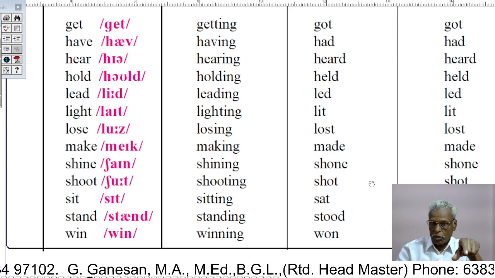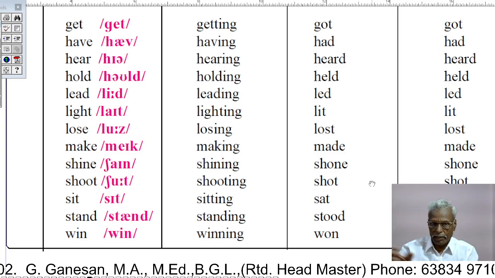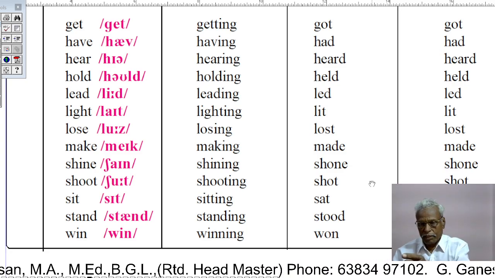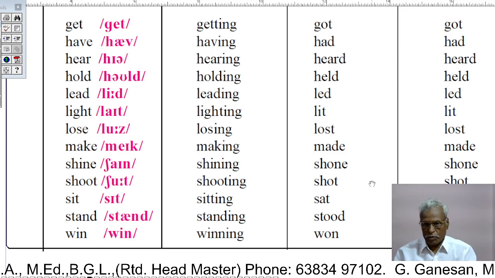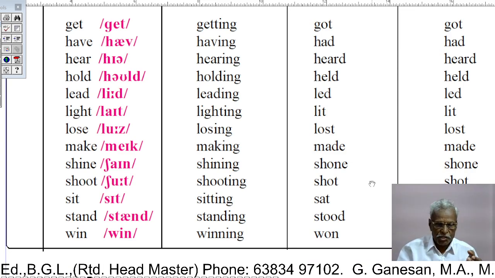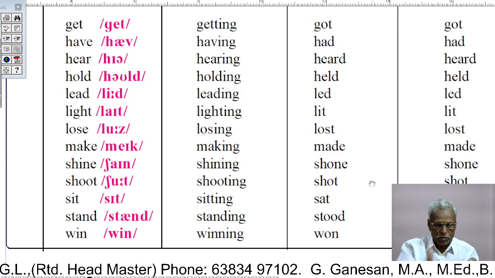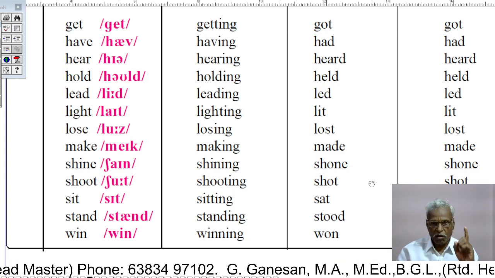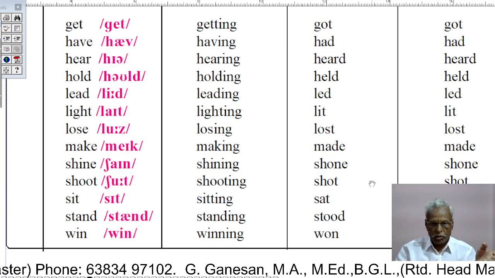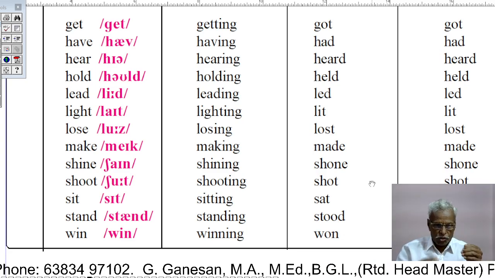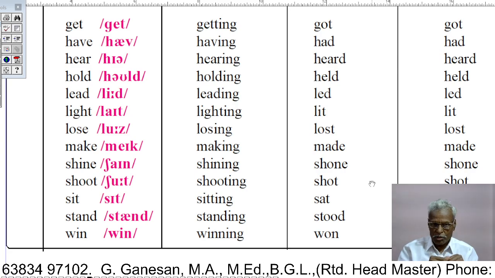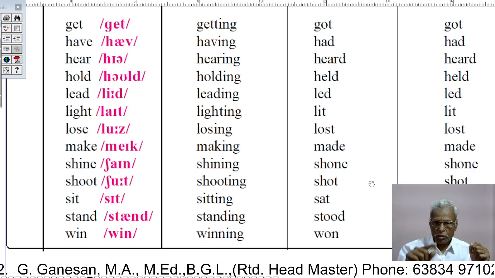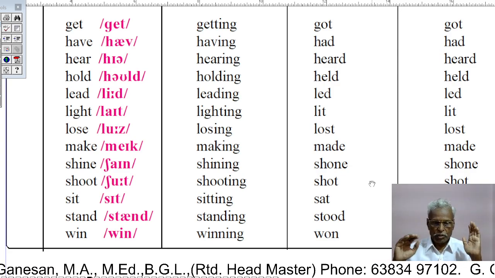Then, hold: drop the O and take E, held. Lead: drop the letter A, led. Light: drop the letters GHT and take T, lit. The verb lose: drop the last E and take T, lost.